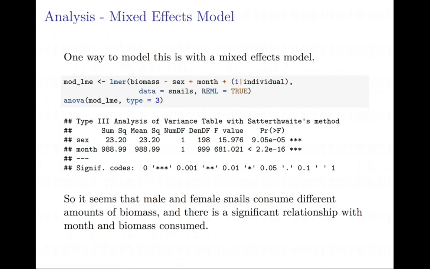So you can model this with your lmer function, biomass as a function of sex and month, with a random effect for individual, because it does seem like individuals may be different from each other, but similar across. The response could be similar, but they could have different intercepts, for example. And so we model this here, and when we get our results, we see that both sex and month significantly predict the amount of biomass consumed.